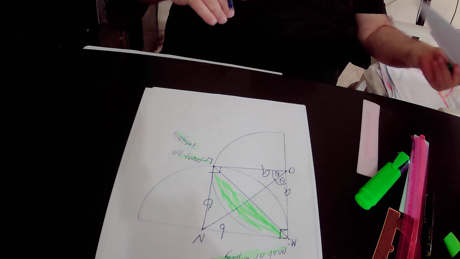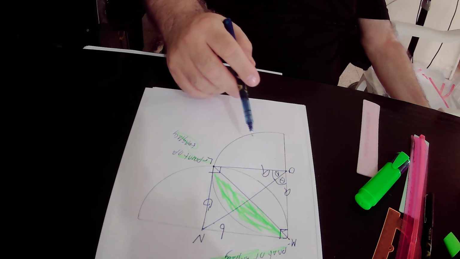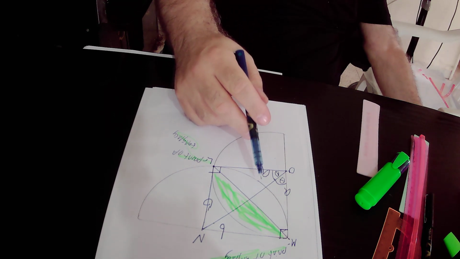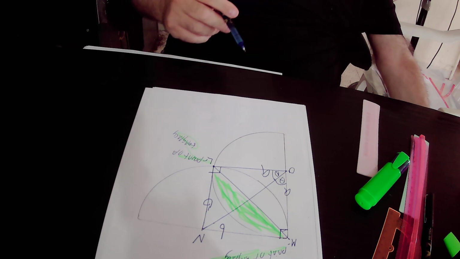Now we find out the area of the lower circular segment ML.